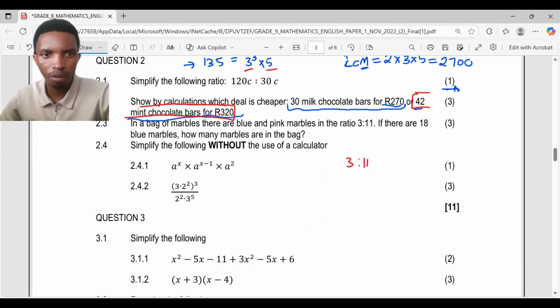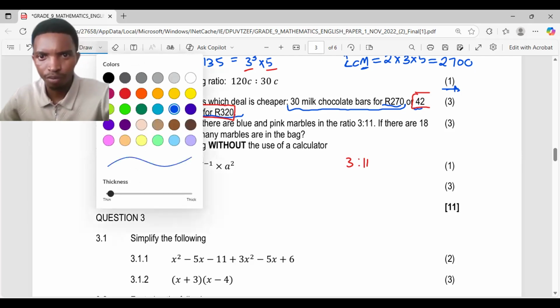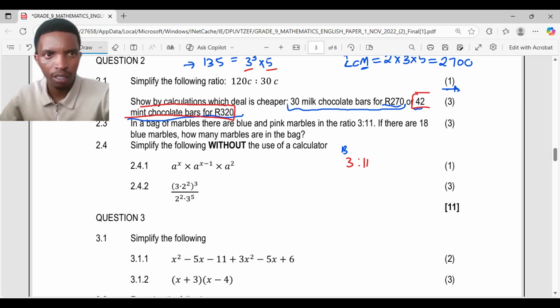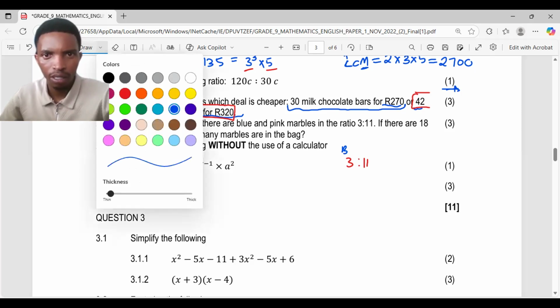If there are 18 blue marbles, how many marbles are there in the bag? So which one is blue here between 3 and 11? The 3 is blue, and then 11 is the pink marbles.